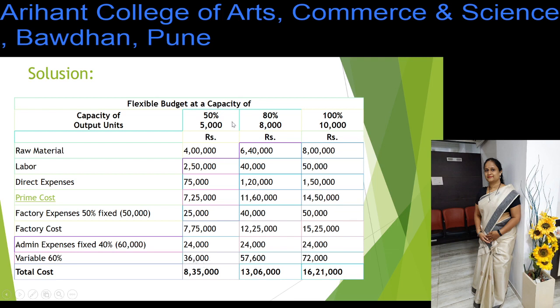So for 5,000 units you need 36,000. For 8,000 units it will be 57,000 and for 10,000 units it will be 72,000. Then you need to make a total of all the columns and you will get total cost.